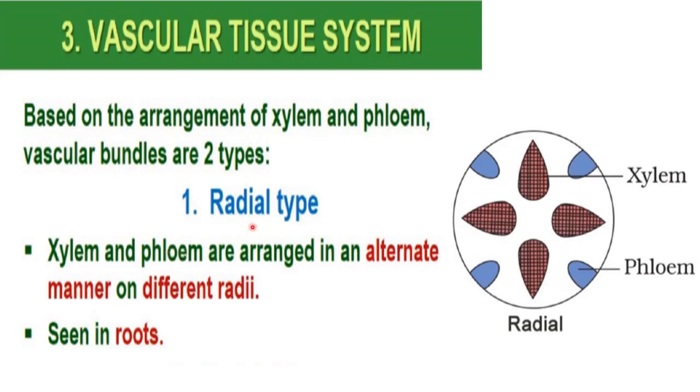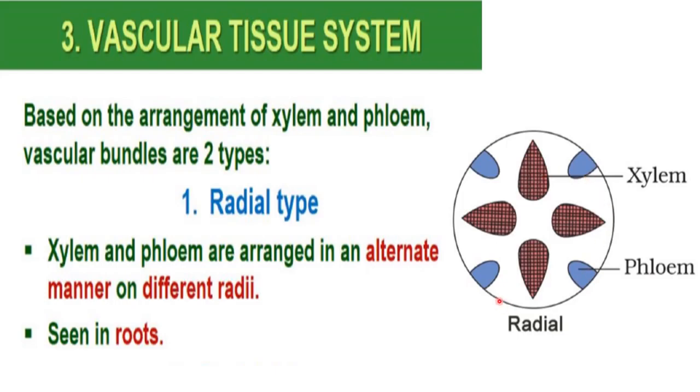In radial type of vascular tissue system, xylem and phloem are arranged in an alternate manner on different radii. As you can see here, this is one radius and this is another radius. These are two different radii here. So these xylem and phloem are arranged in an alternate manner: this is phloem, this is xylem, then this is phloem, then this is xylem.